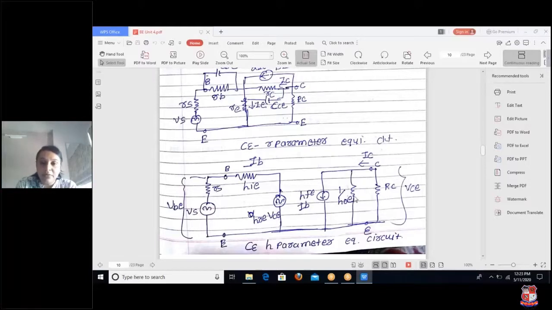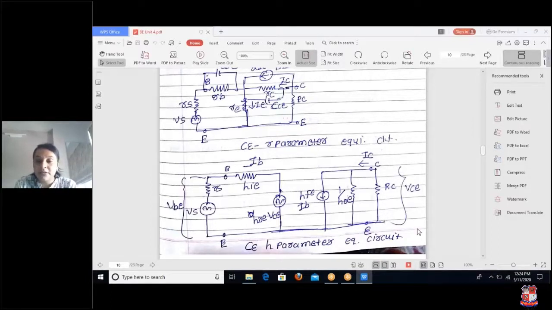Now we put one conductance, which is known as 1 upon HOE. I will discuss all the configurations with you later. And here is IC. IC is your output current, and put one resistance in parallel, which is your output resistance RC.